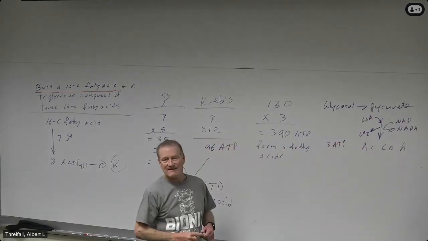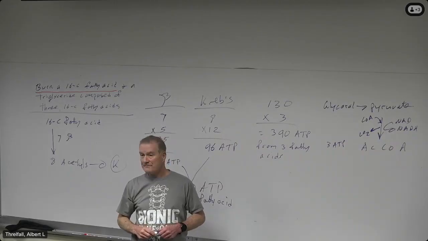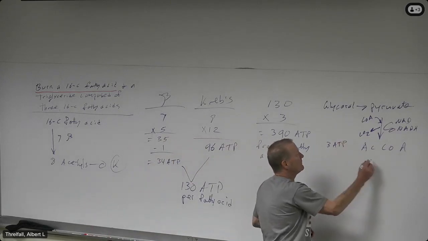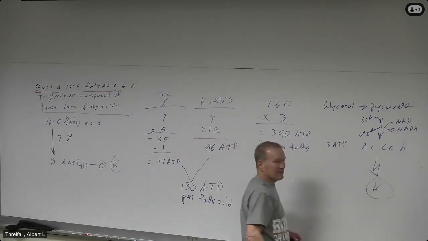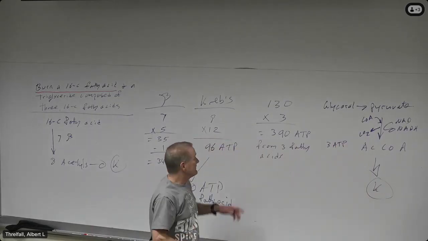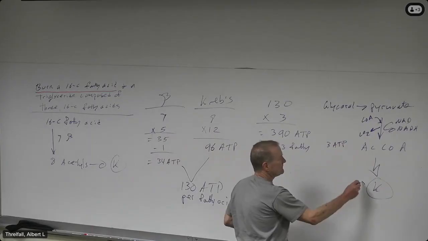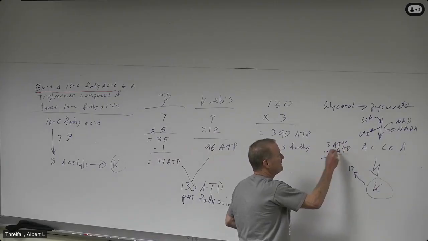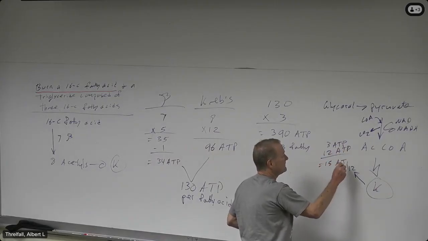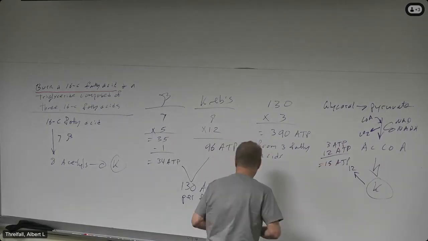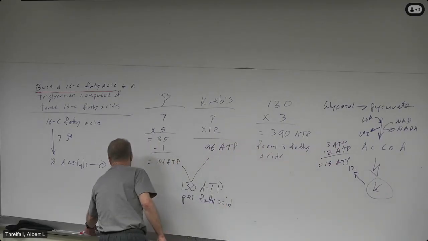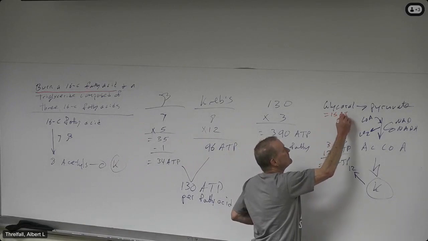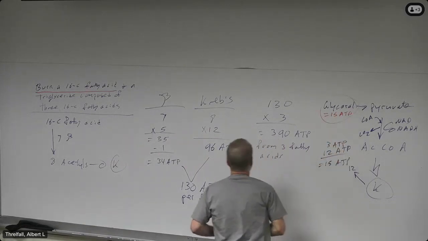What's the acetyl coenzyme A going to do? Same thing acetyl coenzyme A always does, right? Going to enter the Krebs cycle. What's the Krebs cycle worth? Just like it was over here. What's 12 plus 3? Get your calculator out, Joanna. So glycerol equals 15 ATP.